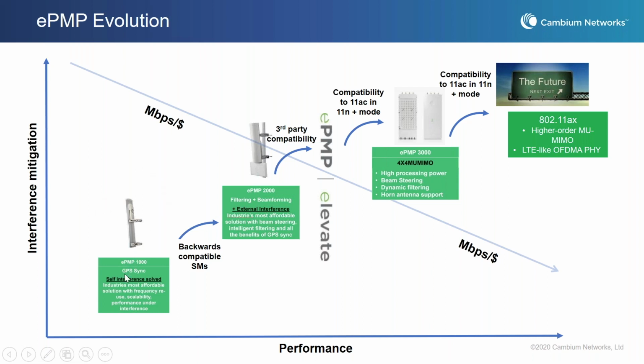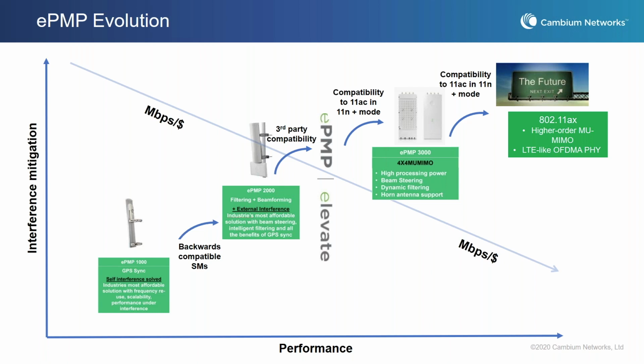And how did we do that? We did that by using our GPS synchronized solution. So when ePMP 1000 was introduced, we were able to deploy this product in networks where they reuse frequency without a negative impact on their network.